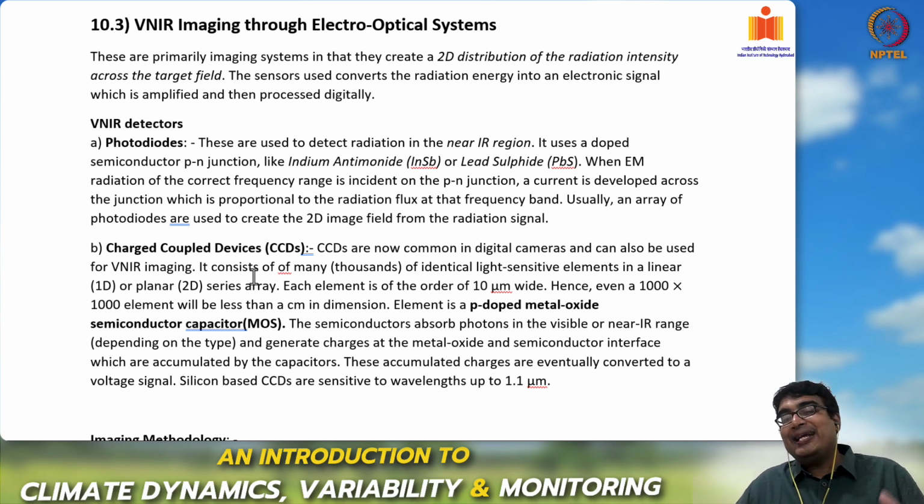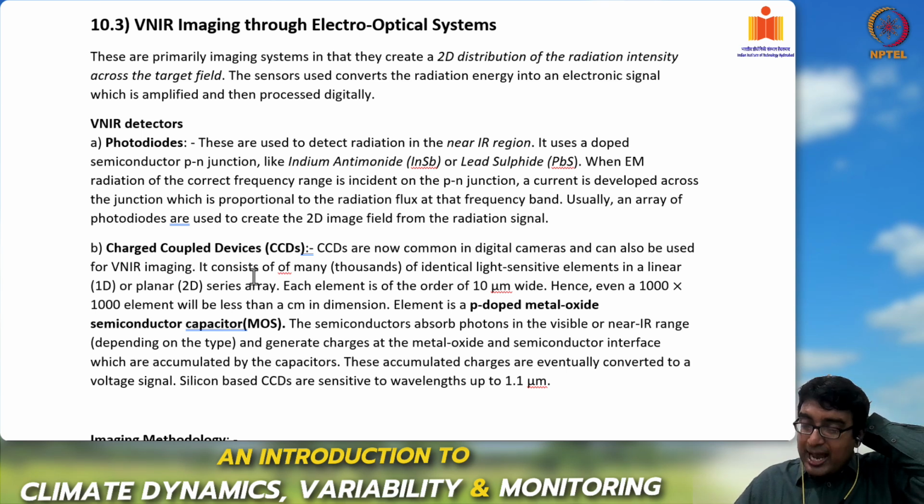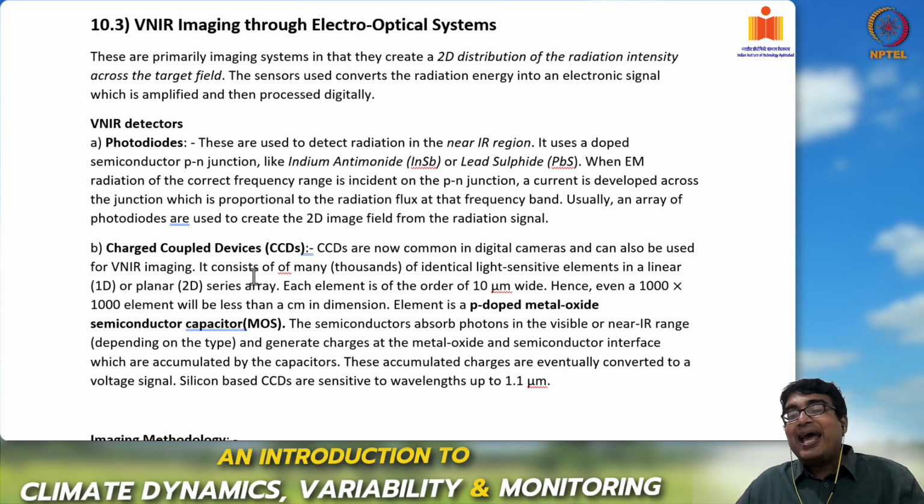So again, electric charge is being produced and accumulated by the capacitors. These accumulated charges are eventually converted into a voltage signal. So the charge is converted into a voltage signal, and the intensity is the summation of all of these charges that are detected over this entire series array.